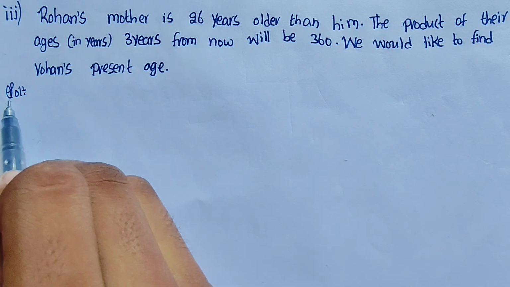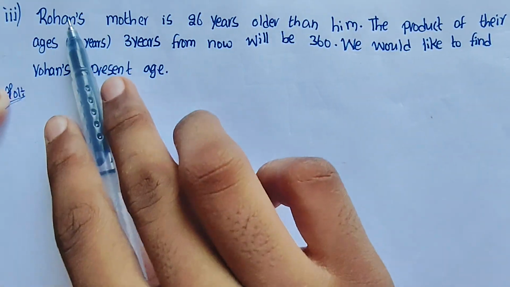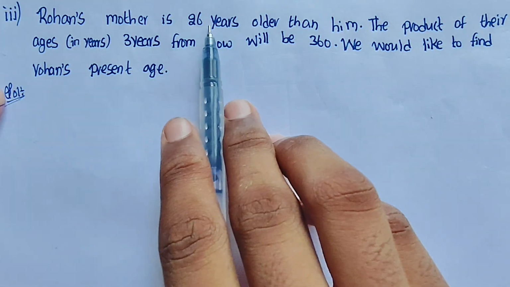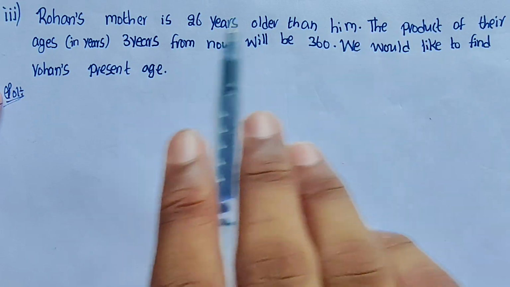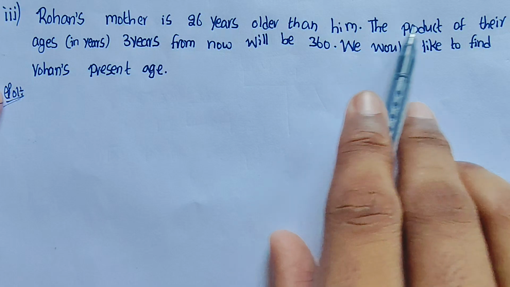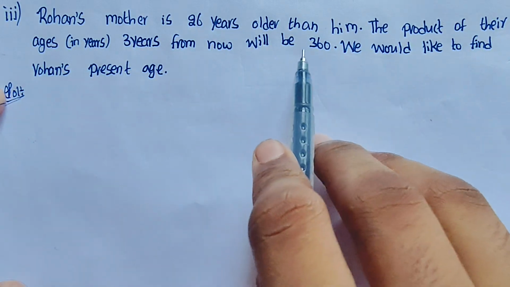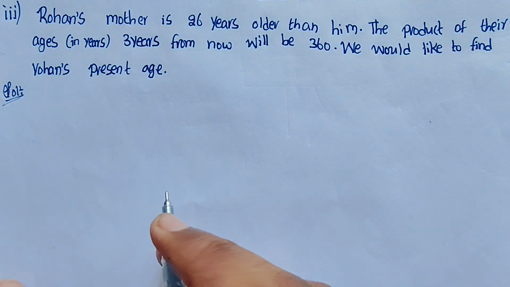In this problem, they gave that Rohan's mother is 26 years older than him, means plus 26. After 3 years from now, the product of their ages will be 360. We would like to find Rohan's present age.